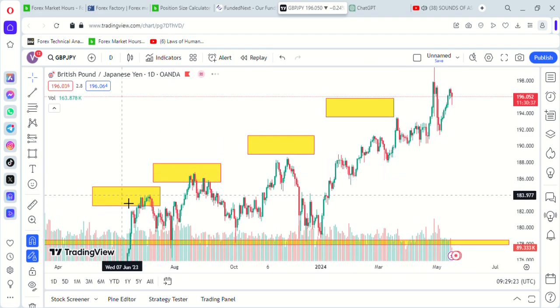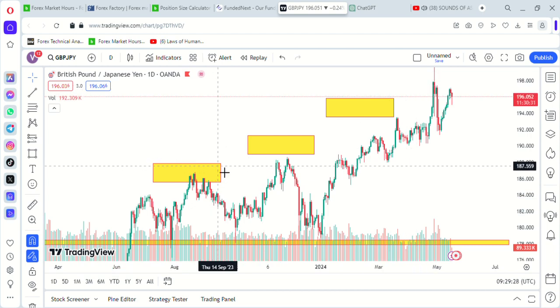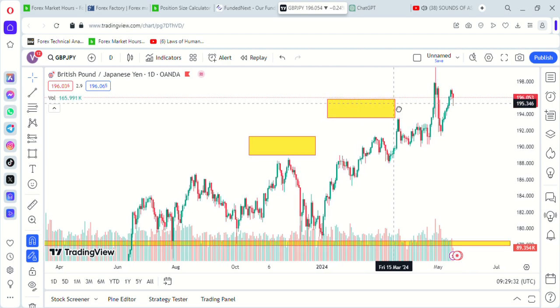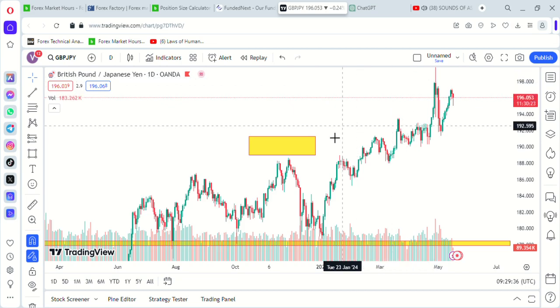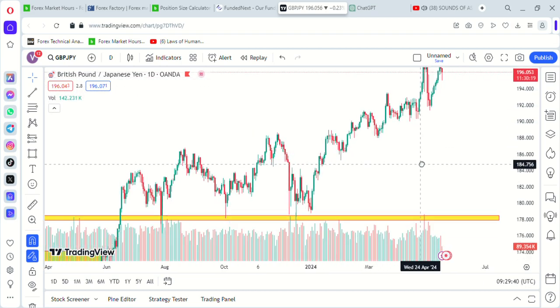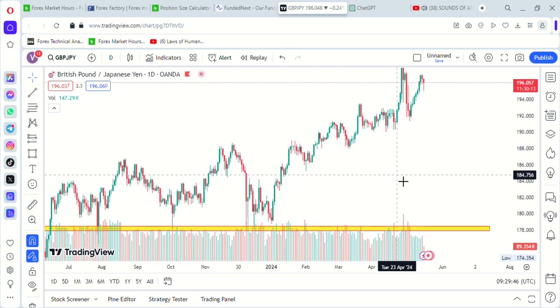Let me remove this. These are just some of the things we consider before taking a trade.